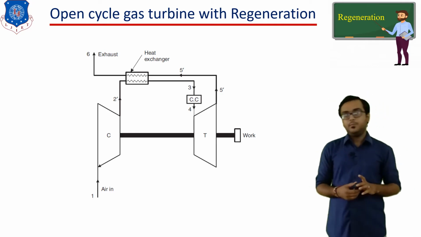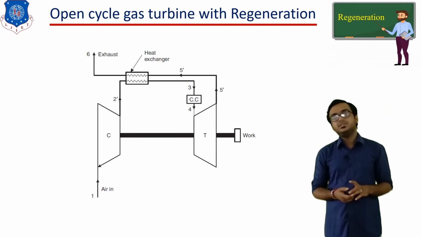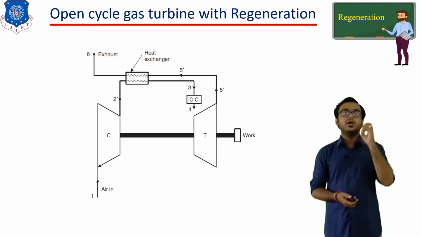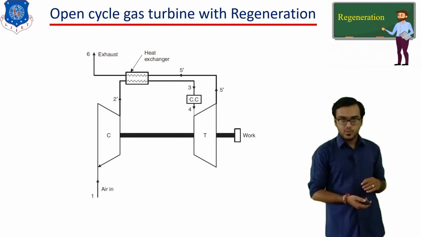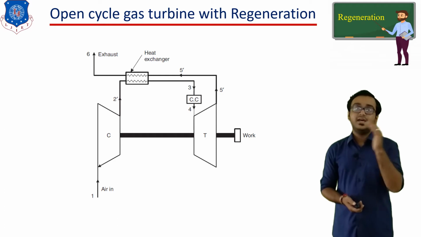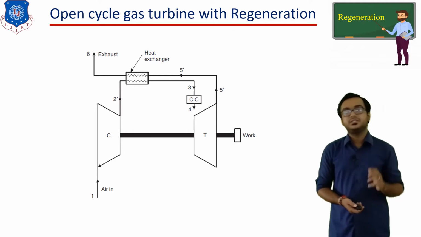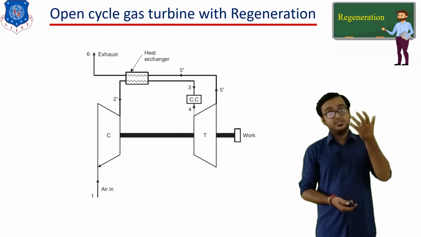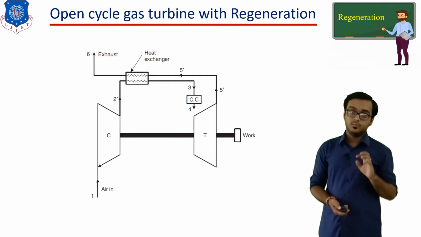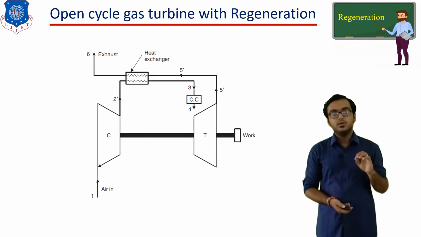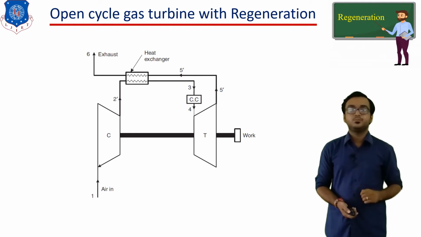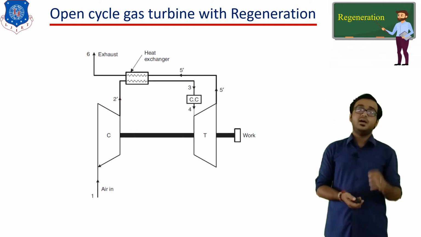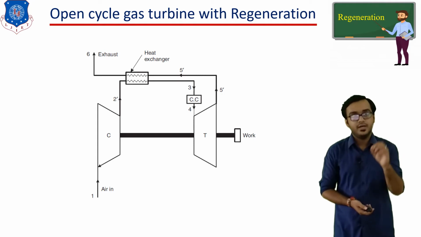At point 1 the compressor induces the atmospheric air. As this air passes through the compressor, its pressure and temperature increase because of the compression process. So at point 2 we have extremely high pressure, high temperature air.